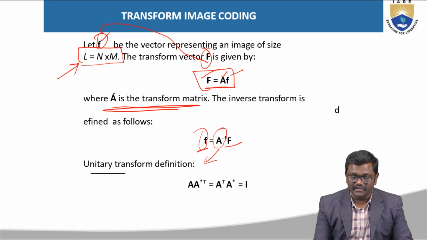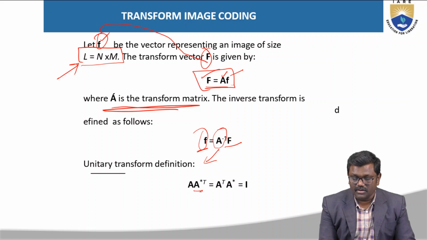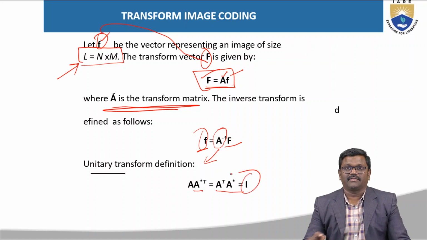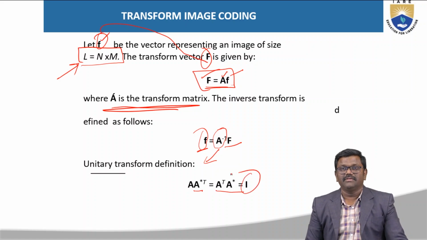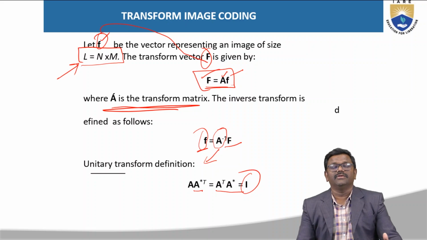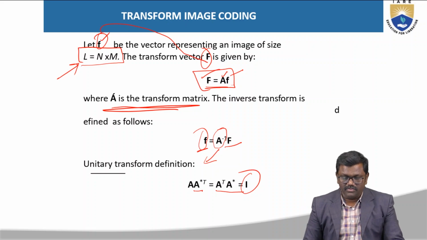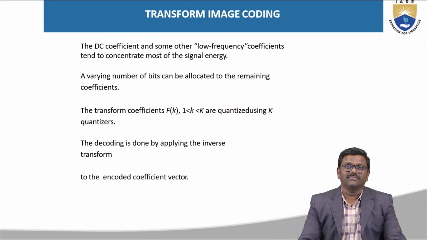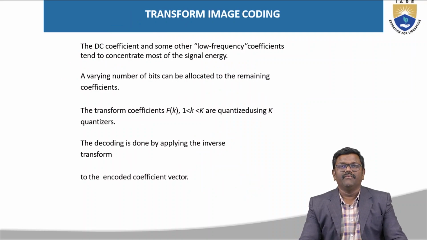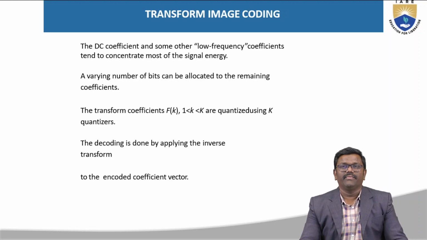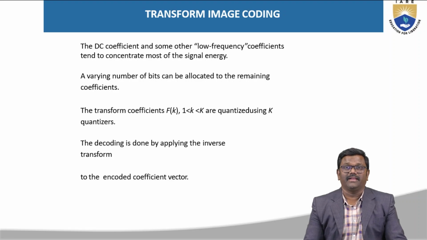Simply we define it as A inverse equal to A transpose star, that is equal to the identity matrix. Okay. So this is one of the transformations of image coding, where we assume and we process. What is the use of concentrating on such transform image coding? It is very simple to understand: the DC coefficient and some other low frequency coefficients tend to concentrate most of the signal energy.